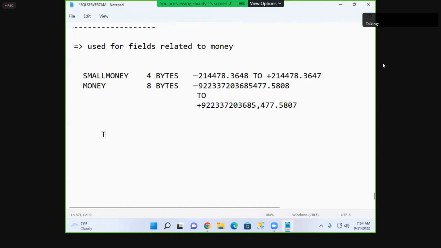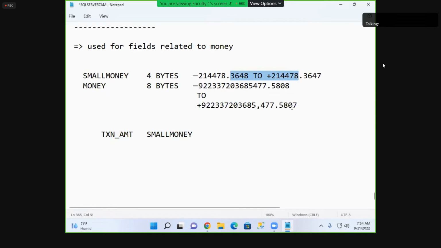Take an ATM transaction amount. Can you withdraw more than 2,14,000 in a single transaction? No. So you can use smallmoney, because it is below 2,14,478.